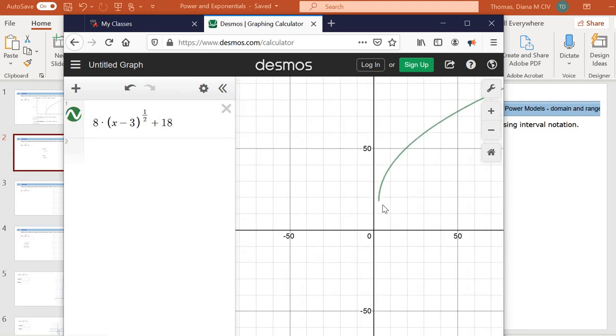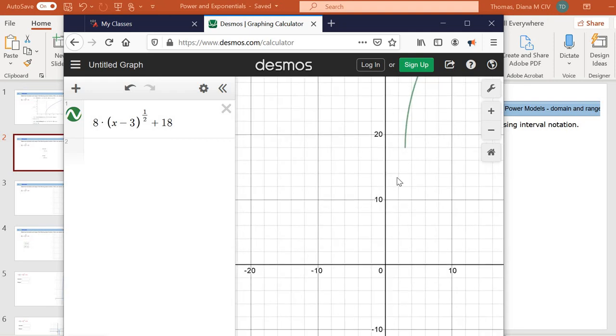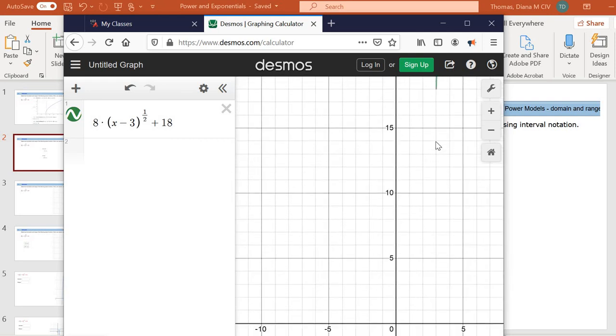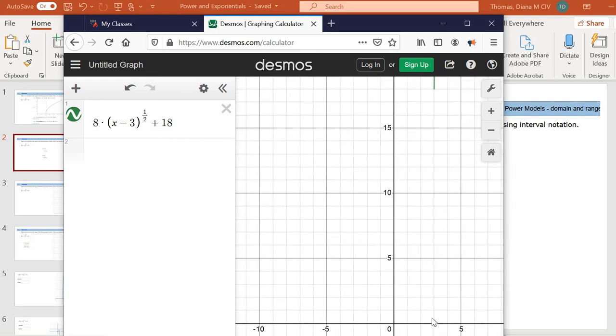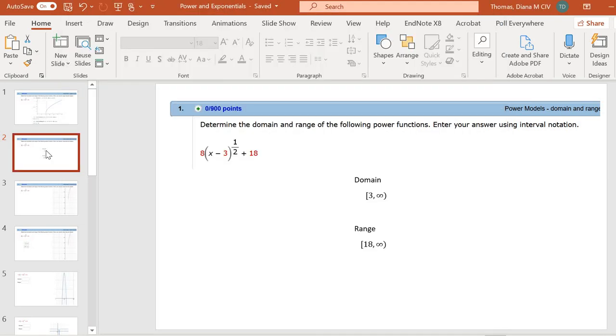And you can really see that this looks like it starts at 18 and goes up. And down here, if I zoom in just a tiny bit more, you can see that it looks like it starts around x equals 3. So again, here you can only see things by graphing, but you have to use both your graph and what things like Mathematica are telling you. Again, I want to caution you that Mathematica is not going to give you what's expected if this is 1/3.